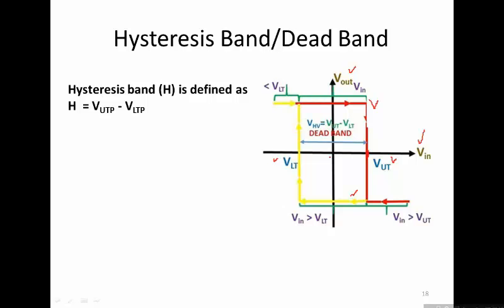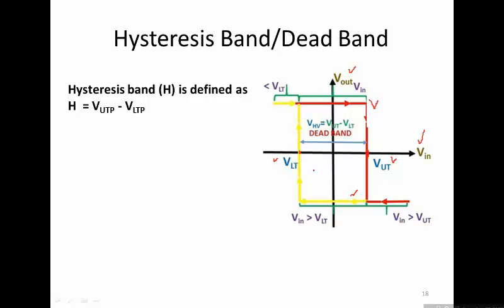Similarly, when the input is decreased and becomes negative and lower than this trigger point, that is LTP, then again the output is toggled from one level to the other level. So the output can only toggle from one level to the other at these trigger points, which are defined as VUT and VLT.